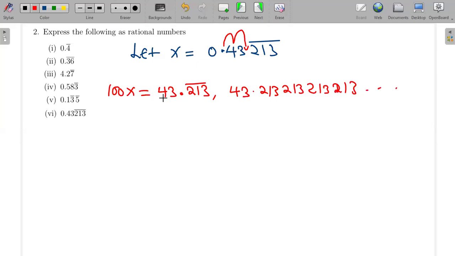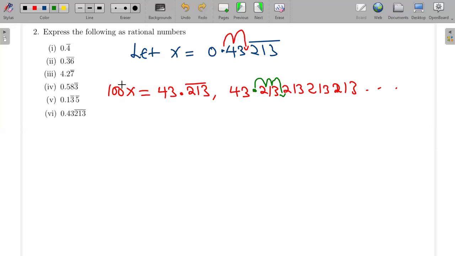From this, I can get my other number such that immediately after the decimal point, I have the repeating part. So I have to move this decimal point here 3 times, 1, 2, 3. So I multiply by 1 with 3 zeros, I'm just multiplying this with 1,000, this with 1,000.